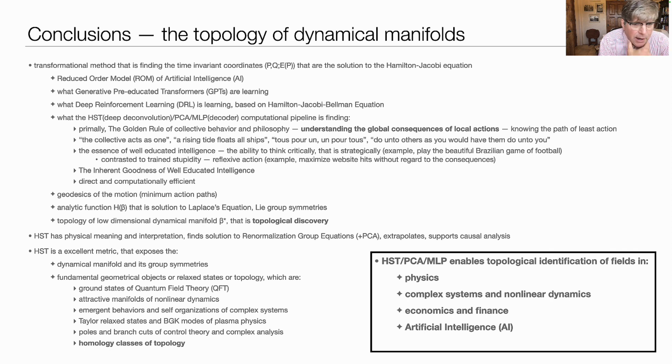A rising tide floats all ships. Tous pour un, un pour tous, which was stated by Alexander Dumas in The Three Musketeers. This was also stated in English in a couple of different works of Shakespeare. Most major religious philosophies have this embedded in them.